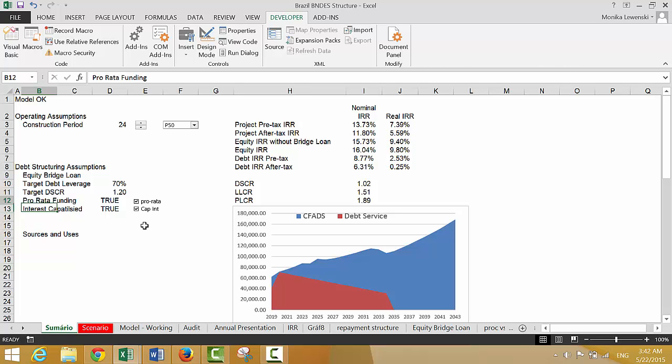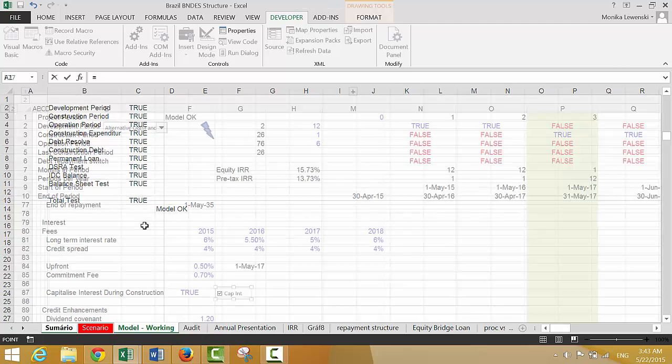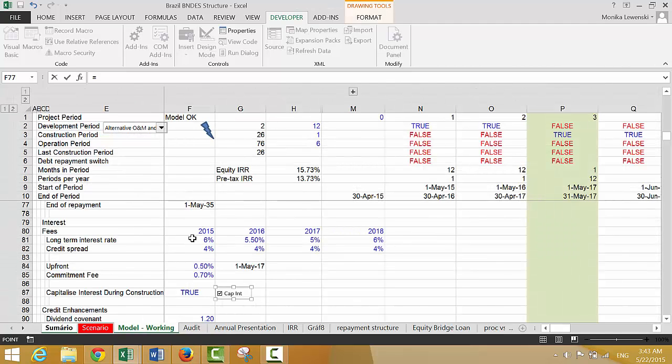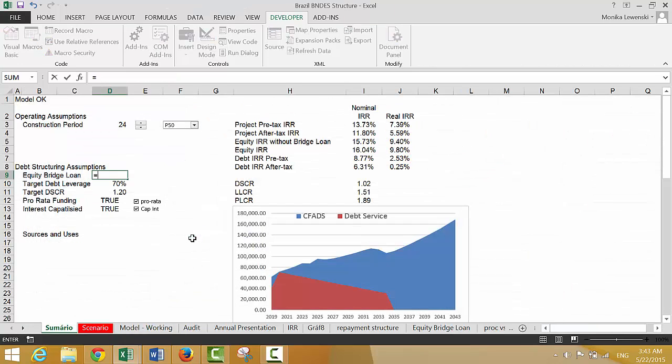And then let's put a true up here for the equity bridge. Oh, come on.